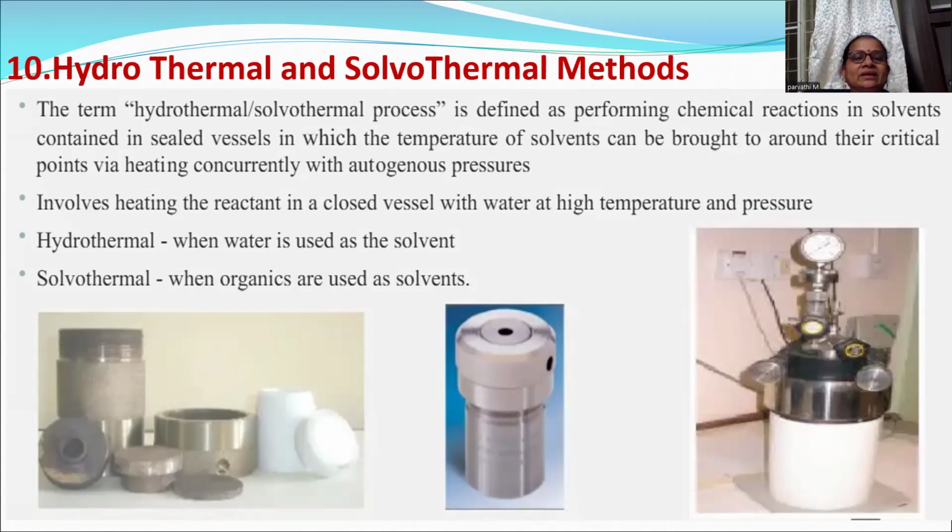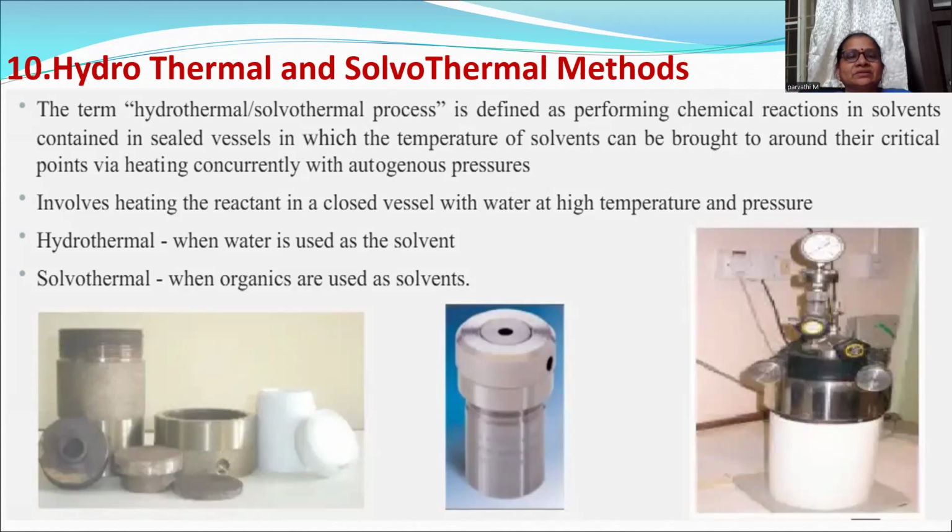So it involves heating the reactant in a closed vessel. That is important. A closed vessel with water at high temperature and pressure. It is hydrothermal when water is used as a solvent, and solvothermal when organics are used as solvents.